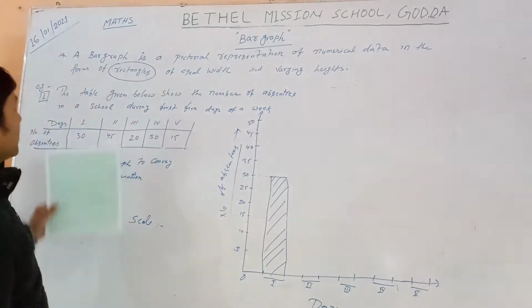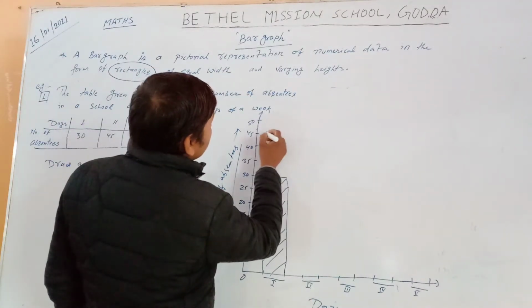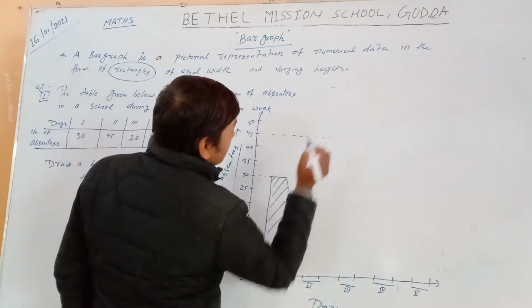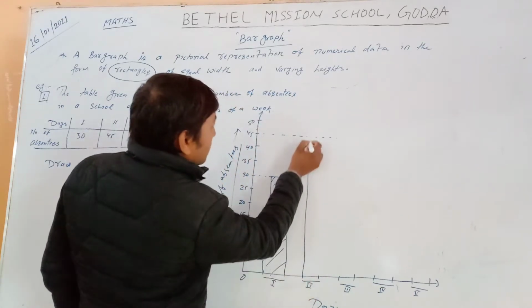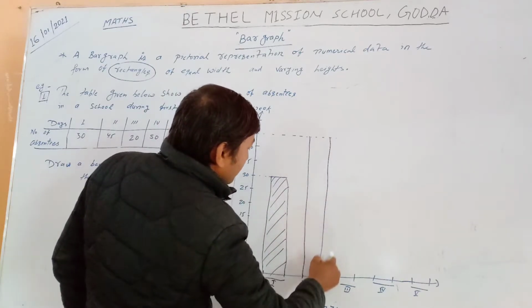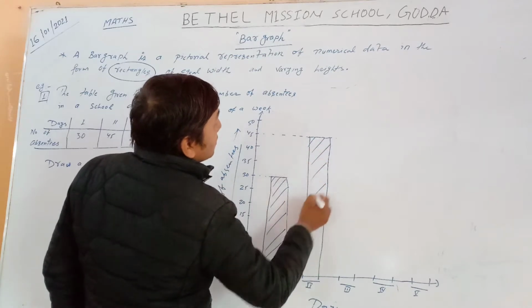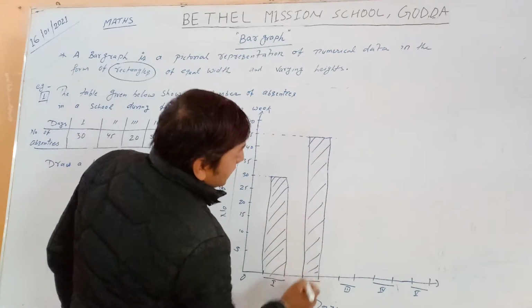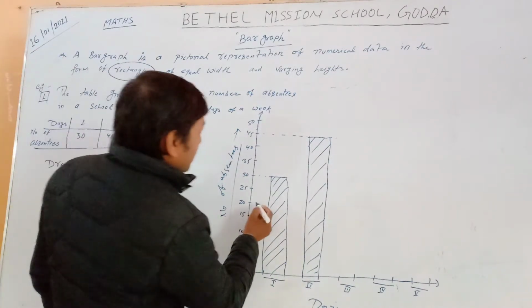Second, that is 45. Go to 45 here. Draw one line from here. Okay, and make it shaded. Now third is 20. Go to 20 here.